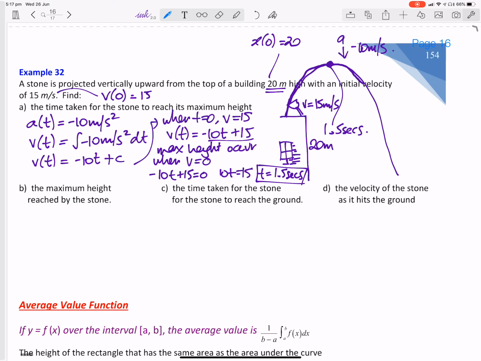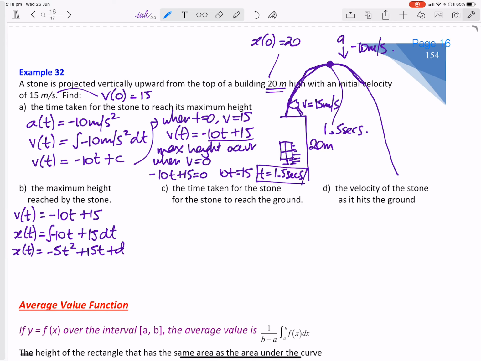Okay, find the maximum height reached by the stone. So we've got our velocity, which is negative 10t plus 15. Now we can say our displacement is the integral of negative 10t plus 15 dt, which is negative 5t squared plus 15t plus d.